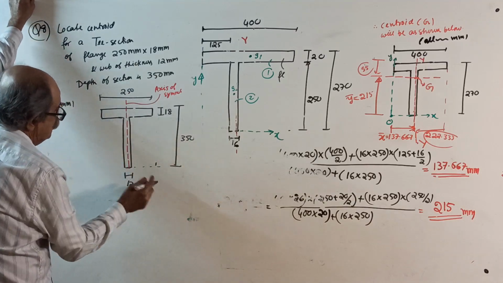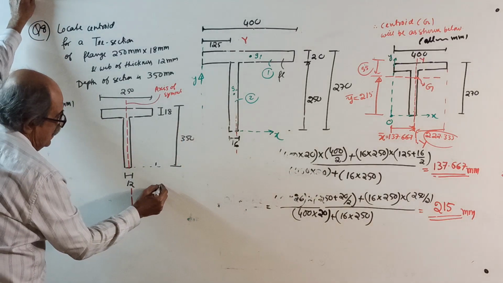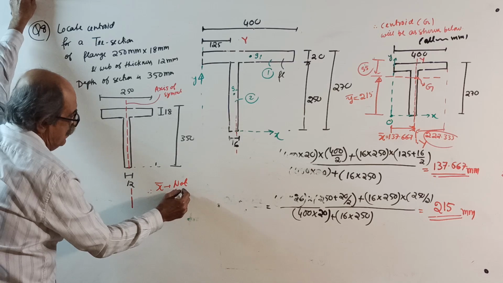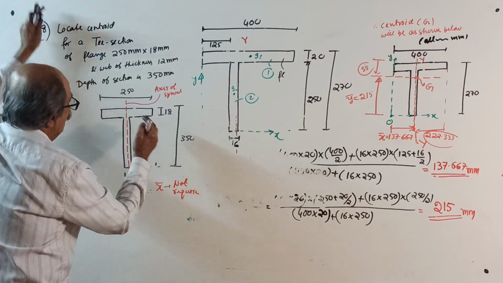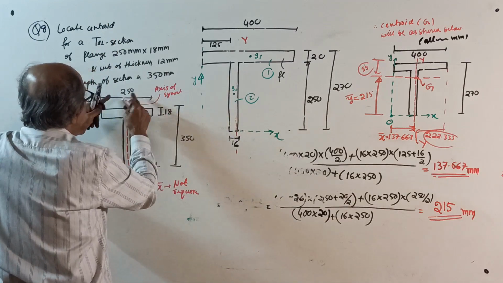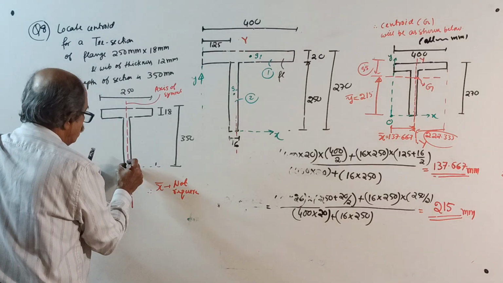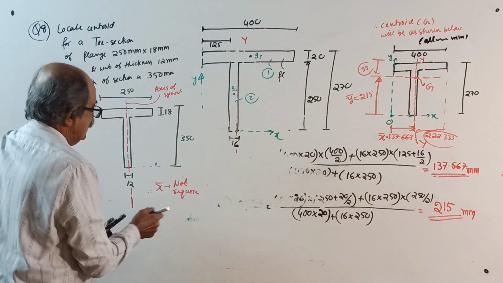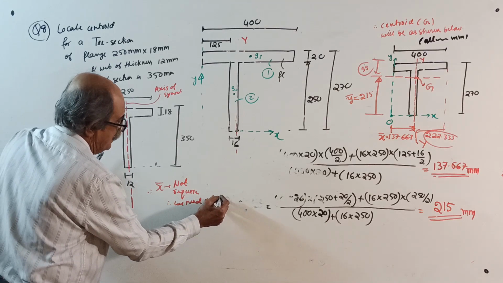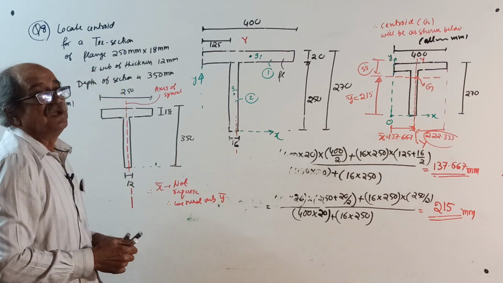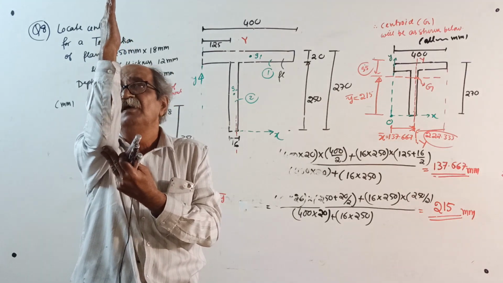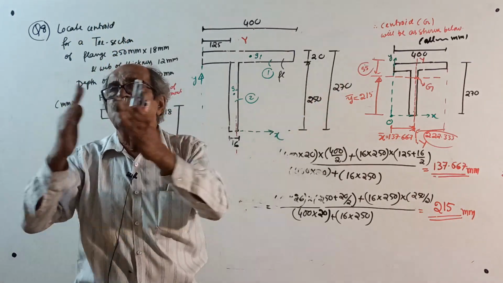Therefore, for this question, see this distance, your x bar is not required. If you calculate, you are wasting time. Because when this is the symmetry axis, see this distance, here it is 250 by 2, here it is 12 by 2. I will put an enter later. So therefore, we need only y bar. See, if the symmetry axis is vertical, then this distance is not required.